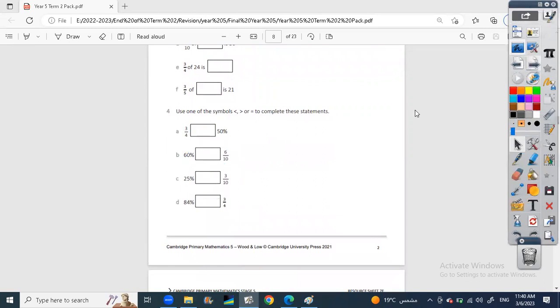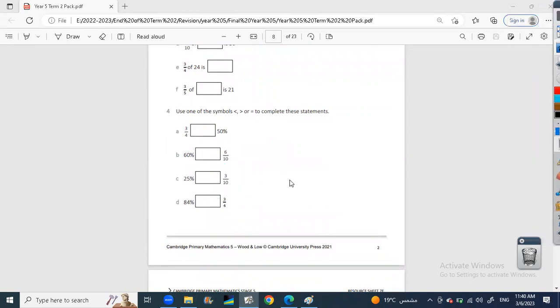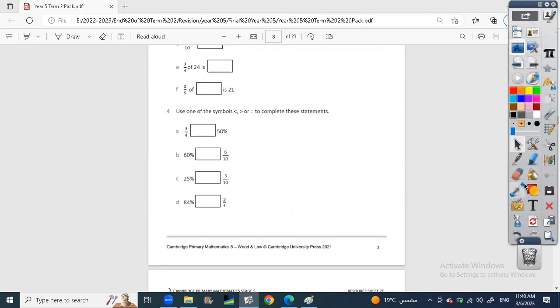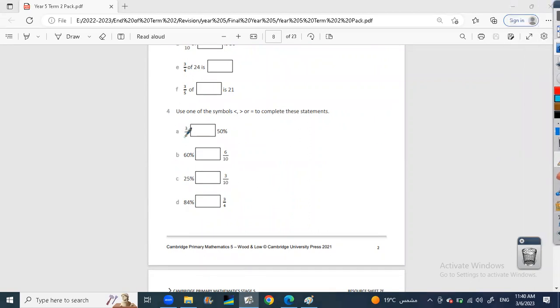All right, in such a question over here, comparing fractions and percentages or fractions and decimals is just make them both the same. If this is a fraction, make it into a percentage, then compare. If this is also a fraction, make it into a percentage, then compare, and so on. So let's do, for example, the first one, 3/4, make it into a percentage.